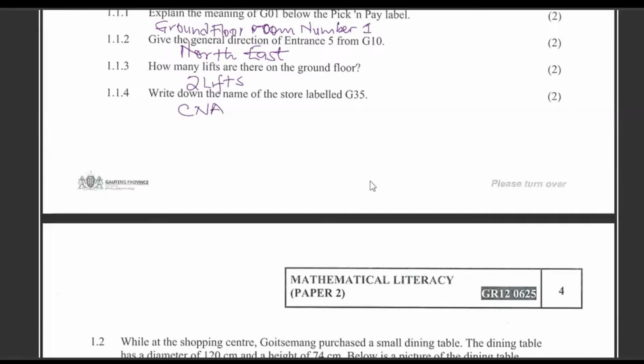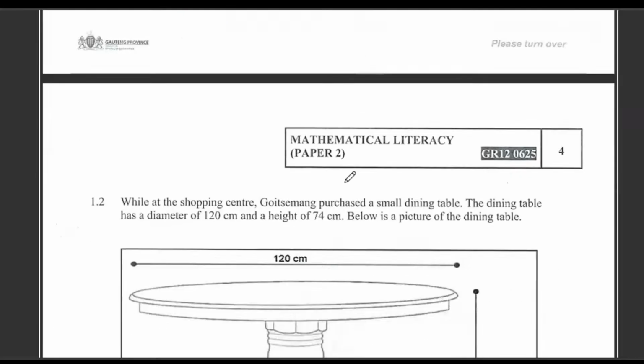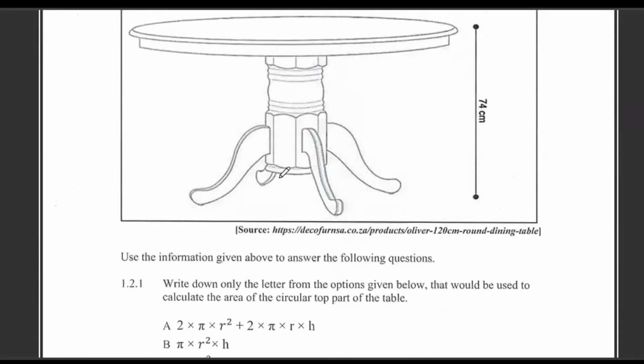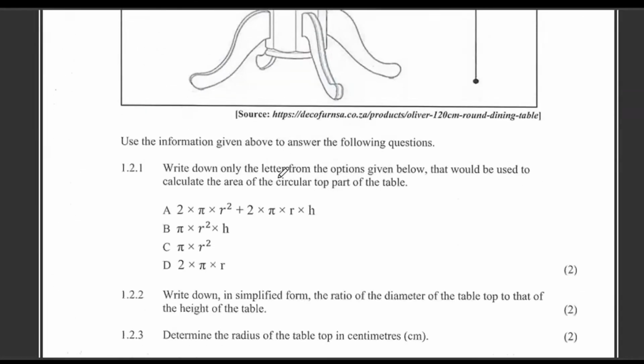Okay, then we continue. We go to question number 1.2. While at the shopping center, Kosieme purchased a small dining table. The dining table has a diameter of 120 centimeters and the height of 74 centimeters. Below is a picture of the dining table. Write down only the letter from the options given below that would be used to calculate the area of the circular top.